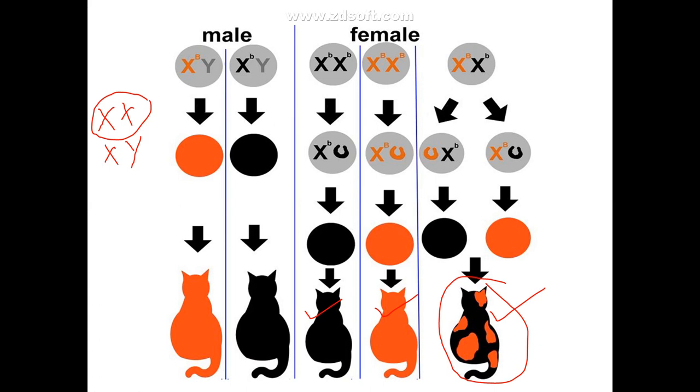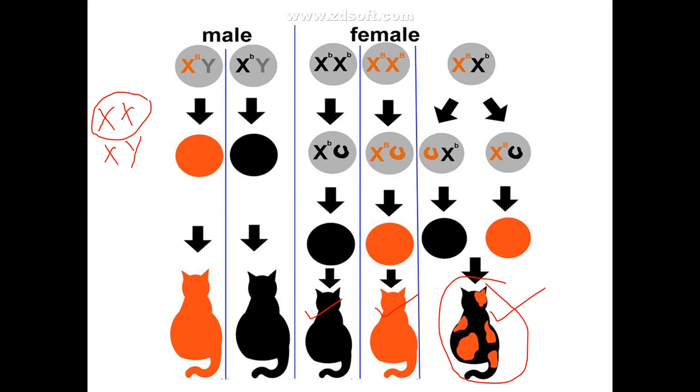Here one of the X chromosomes is carrying B and the other is carrying small b, that is black, so both are getting expressed. Whenever both are getting expressed, this is a female cat, X and X. But where is the trait present? The trait of fur color is a somatic trait present on the X chromosome.